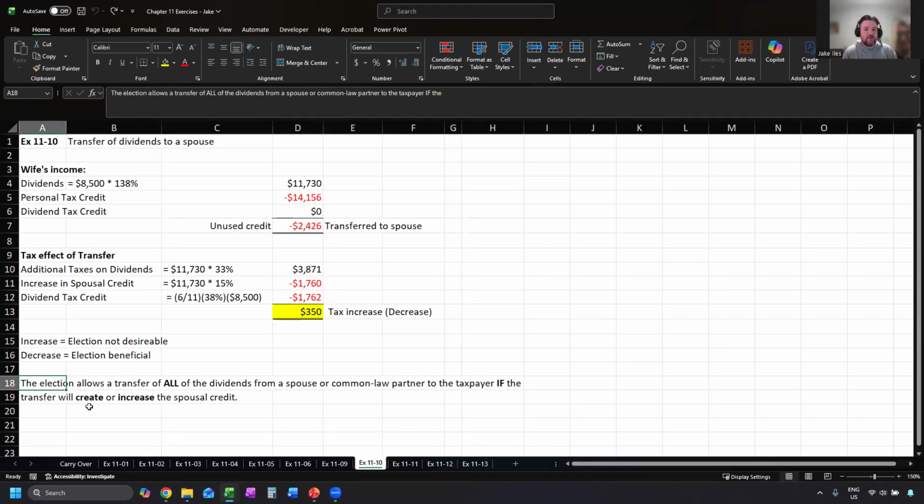If it doesn't create the spousal credit, that must mean the spouse has other income that's already being dealt with those personal tax credits. So that means the income's high enough that the dividend tax credit should be usable. Now, maybe it's not being used because we have medical expenses and other credits that are filling that gap, but we can't transfer the dividends unless it's going to generate a spousal credit specifically.